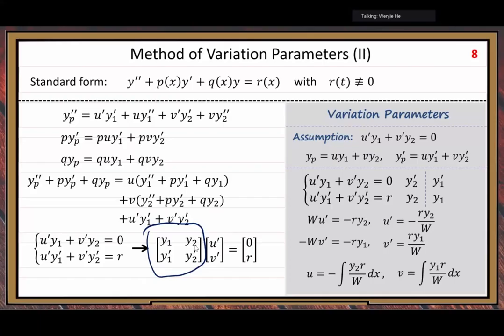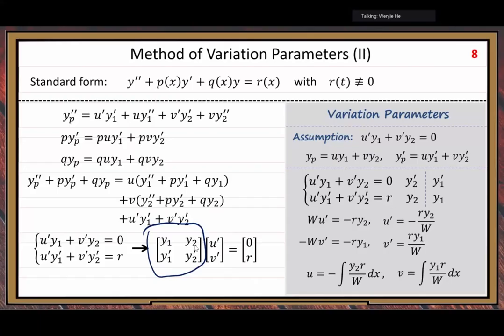So here you can see, if you know the y1 function and the y2 function of the homogeneous second order linear ODE, then you can apply these two formulas directly, because we went through the whole process. You do not need to go through the whole process every time.